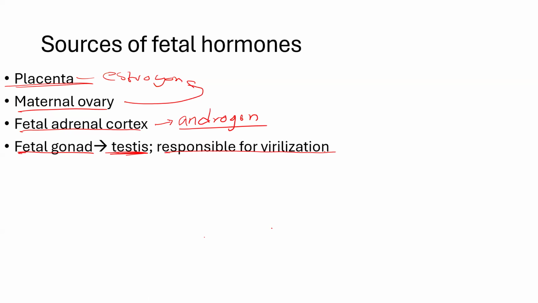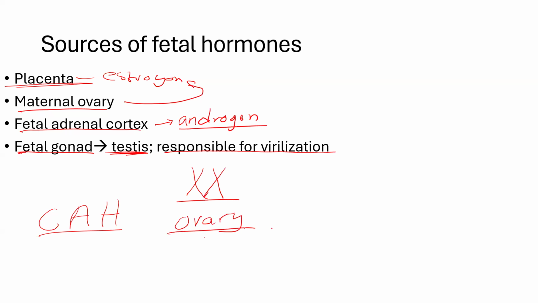So I want you to think of a scenario where you have what is known as congenital adrenal hyperplasia. As the name suggests, the adrenal gland is overstimulated, or it is producing a lot of androgens. So if the adrenal cortex is producing a lot of androgens, and you are a genotypic female, XX, by default you'll have an ovary.